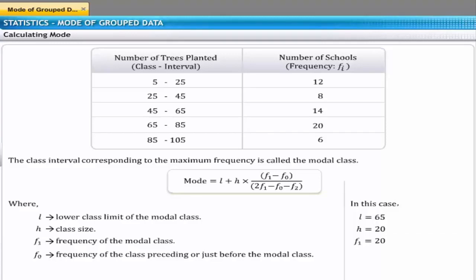In this case, the class preceding the modal class is 45 to 65 and its frequency F0 is 14. Finally, F2 stands for the frequency of the class succeeding or just after the modal class. In this case, the class after the modal class is 85 to 105 and its frequency F2 is 6.